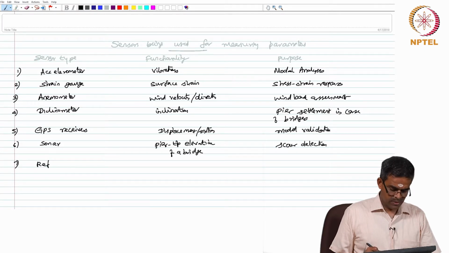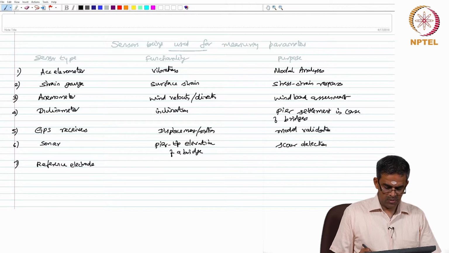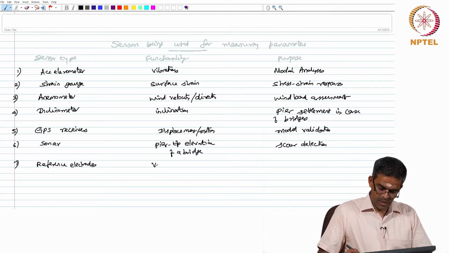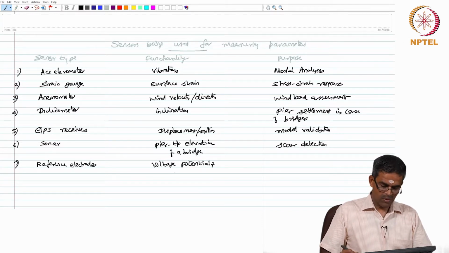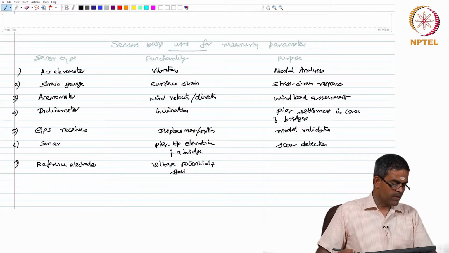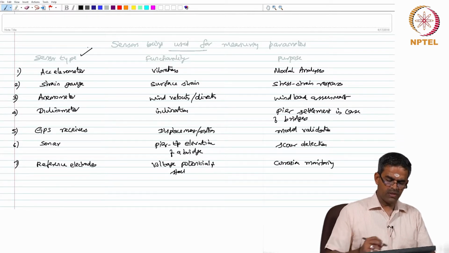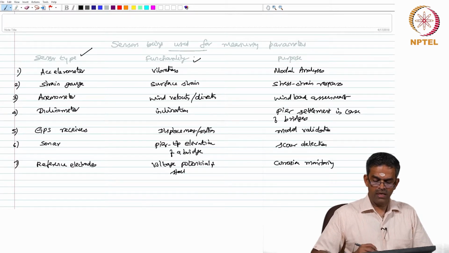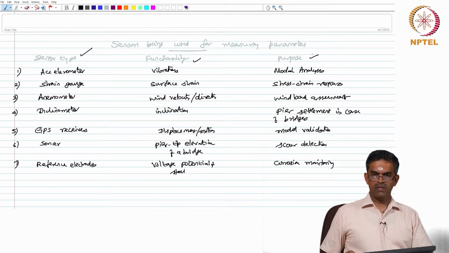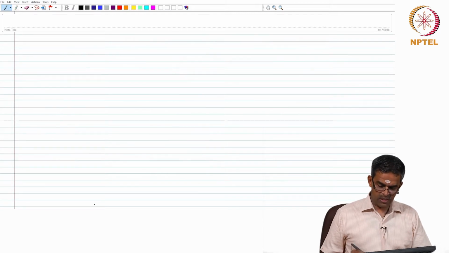Next could be reference electrodes. They can measure voltage potential of steel. They are helpful in corrosion monitoring. So, various types of sensors and the purpose of their use in health monitoring are discussed in this table.